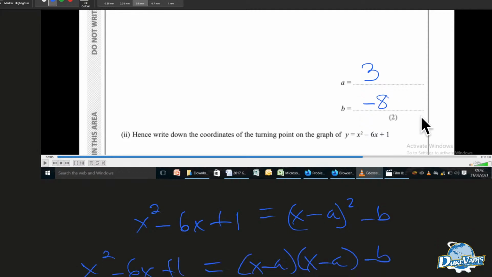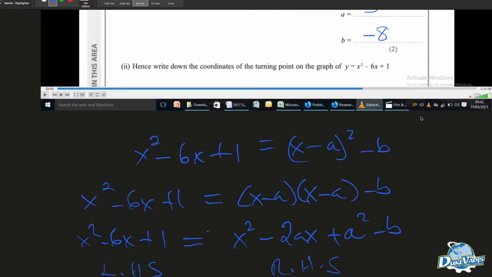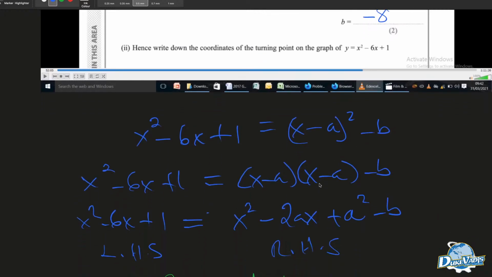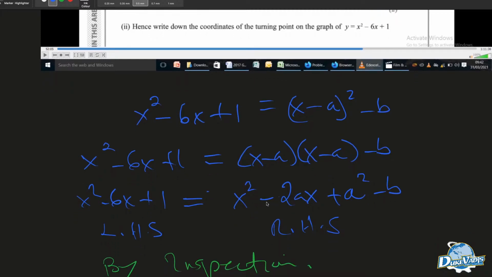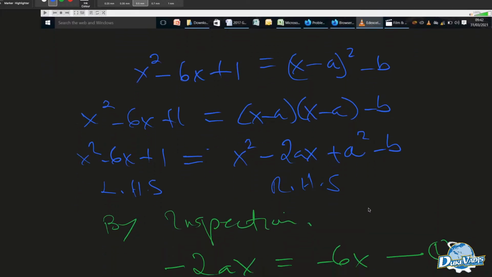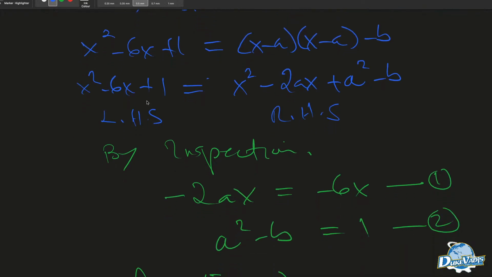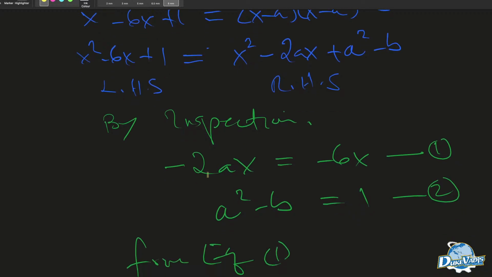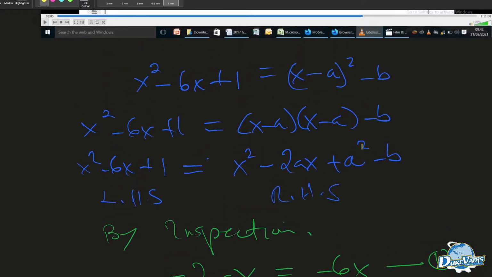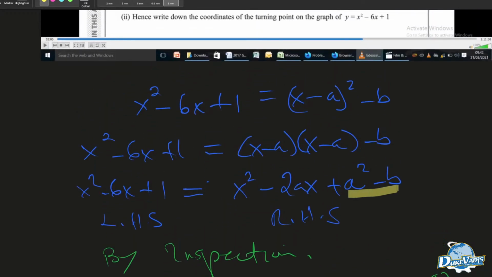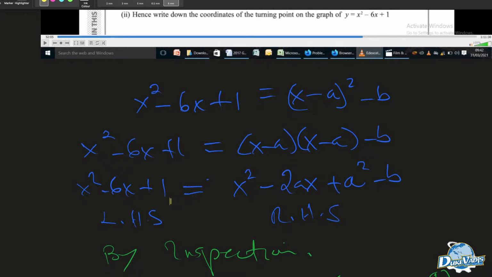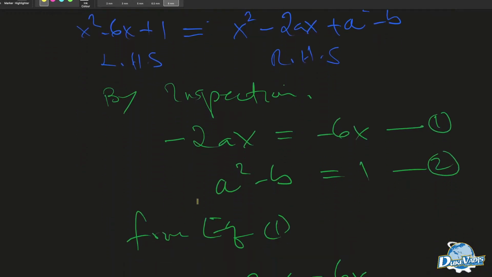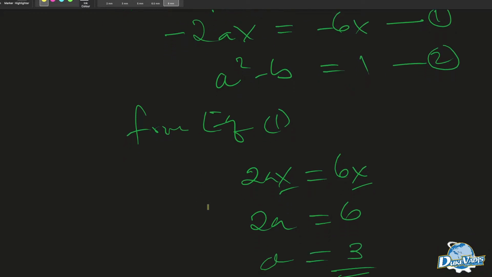Alright. So when we look at it, all we did was expand the right hand side, and we have x squared minus 2ax plus a squared minus b. So by inspection, we know this minus 6x is the same as negative 2ax. From that, we also realize that a squared minus b, that's standalone, is equal to 1. So we made a change of subject and had our value of a to be 3.